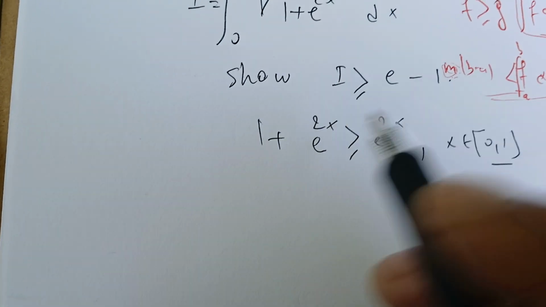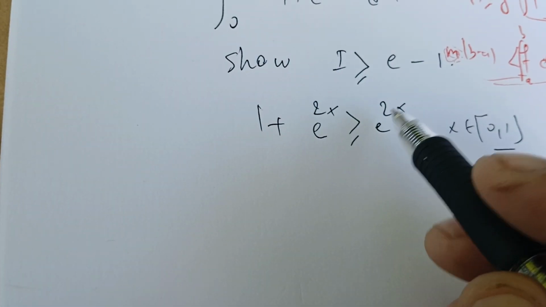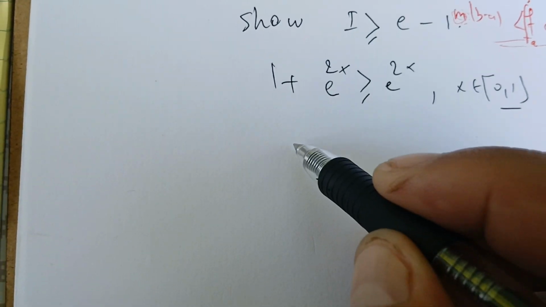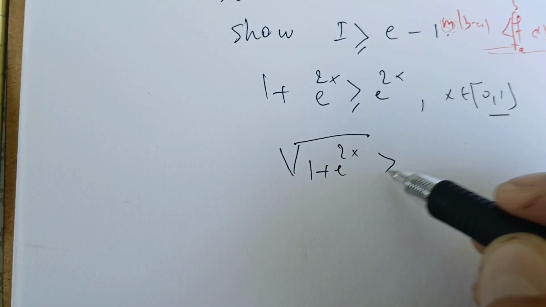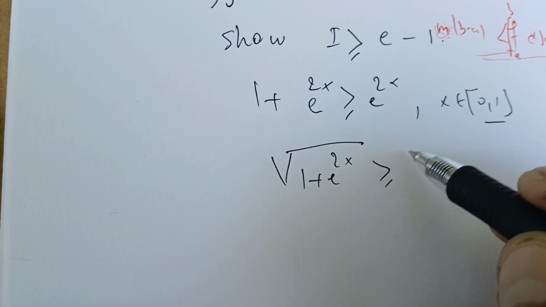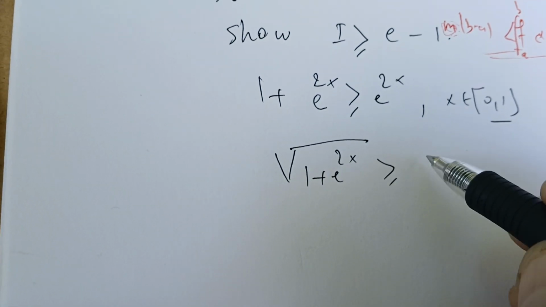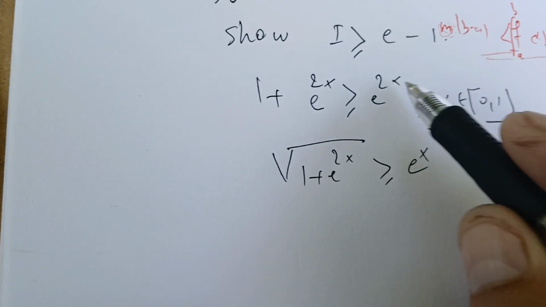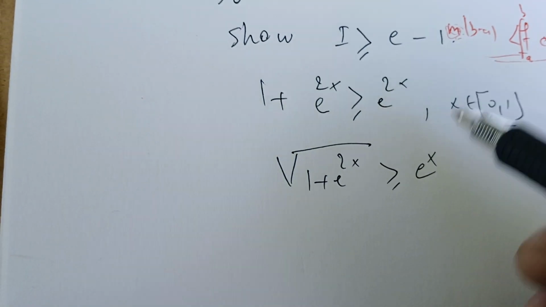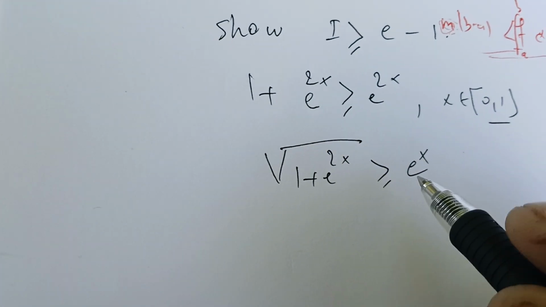I can take the square root, nothing is going to change, so I'll have 1 plus e to 2x is bigger than, here I can use the square root to simplify, e to the power x. Why? Because these two will go with the 1/2 that's defined in the square root.